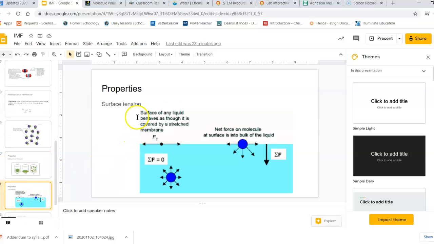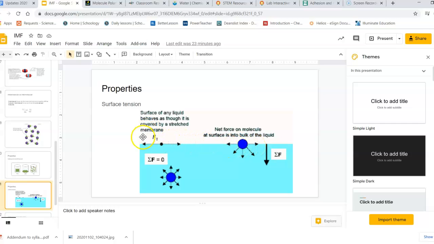The other property that's really important is surface tension. When a substance is together, there are intermolecular forces pulling the molecules in all directions. However, the molecules all the way at the surface have even stronger intermolecular forces, because the vectors pulling them to the sides are greater.